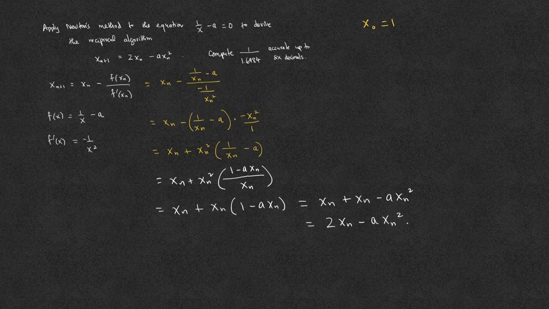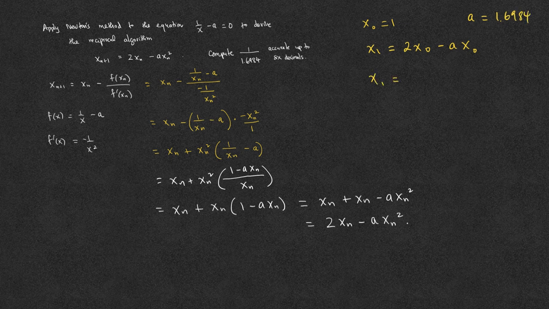But this is okay. X sub 1 is therefore 2 times x sub 0 minus a times x sub 0 squared. In this case, a is 1.6984.